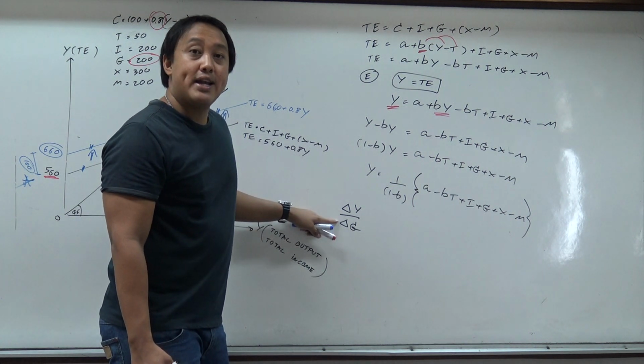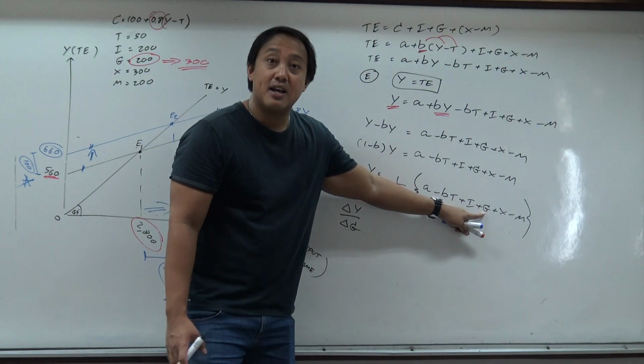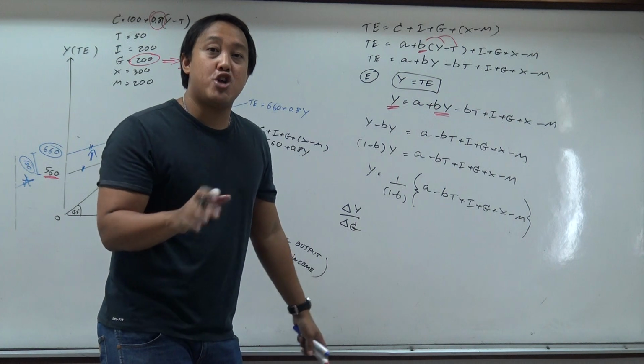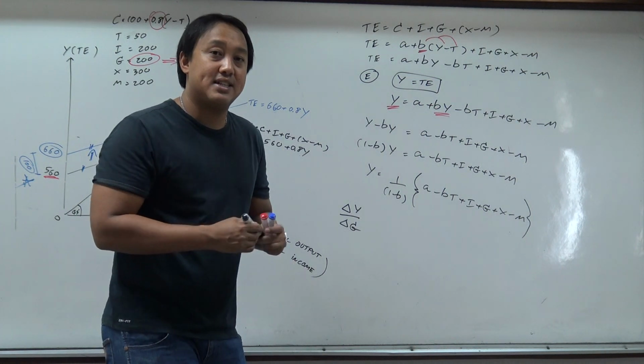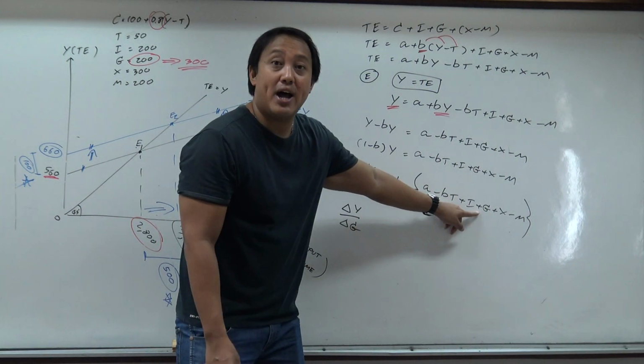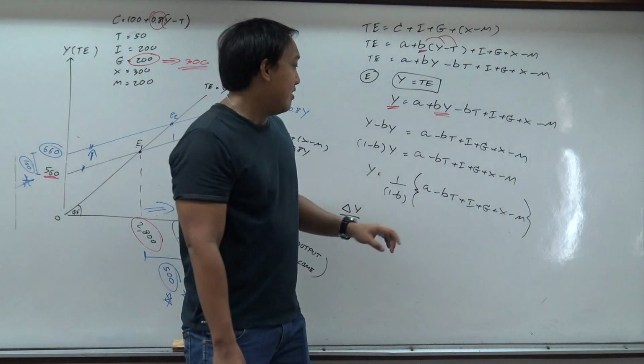As you can see, delta Y is here, G is here. The basic property of the partial derivative is that when you take delta Y with delta G, you simply take anything in front of G.